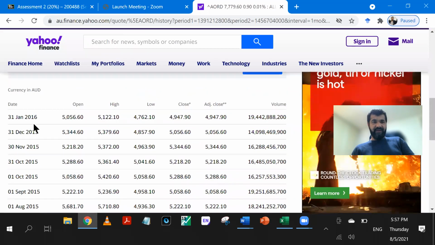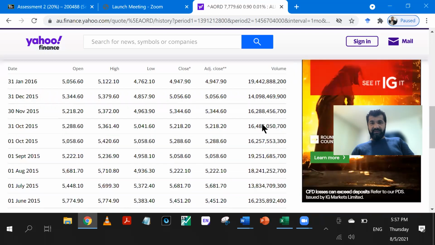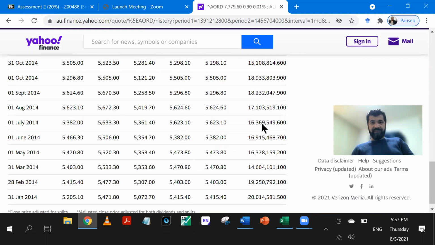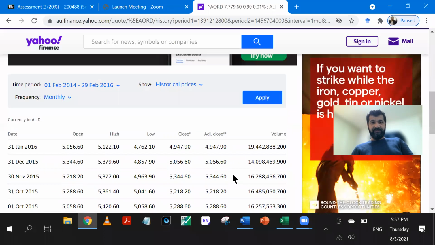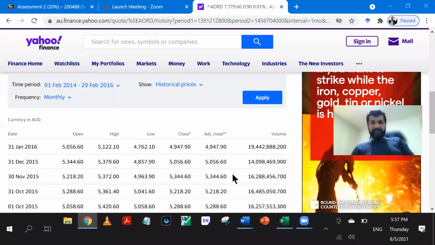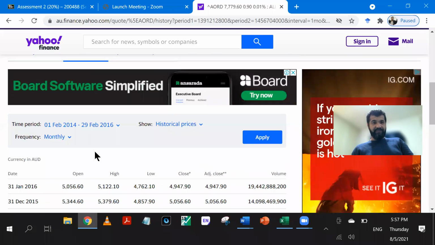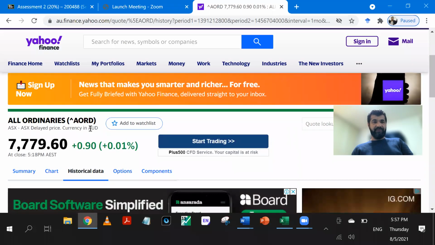You can check 25 data set, right? All ordinaries. Let me see. If it is not there, I think we'll have to get it manually. But the question is why it is like this. We have to get this figure. I really don't know why they don't have this download option here. It should be downloadable.